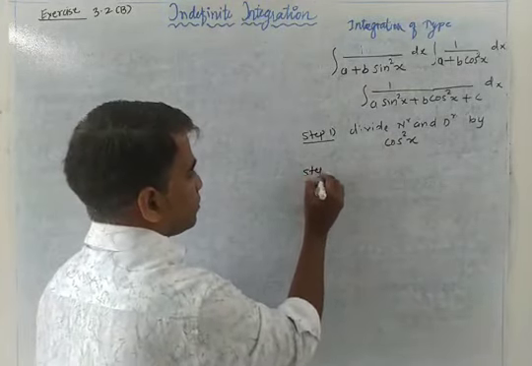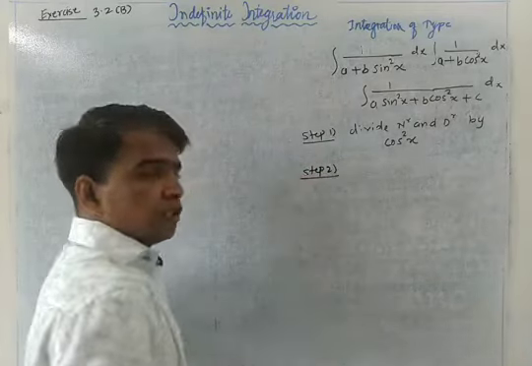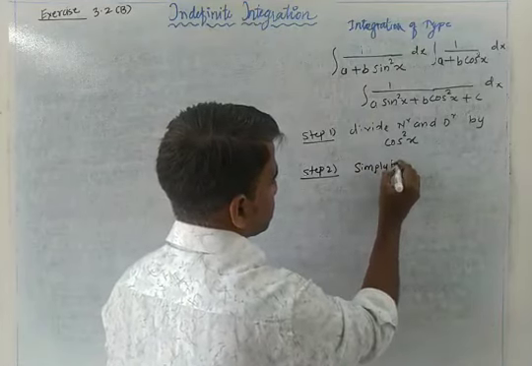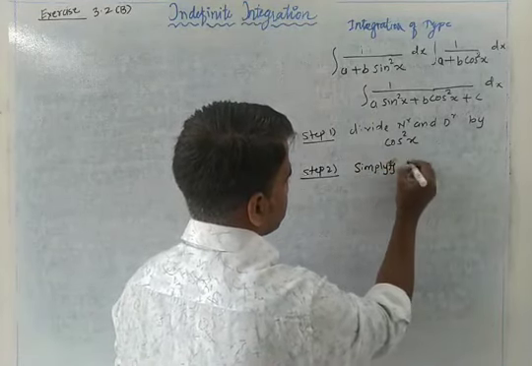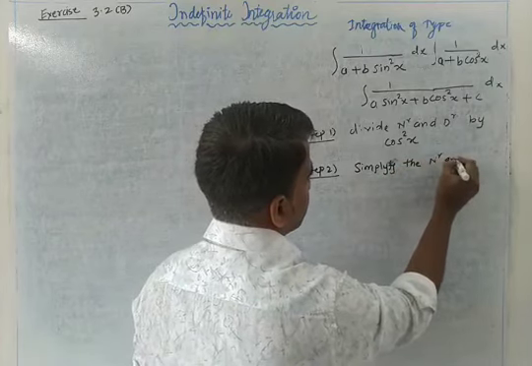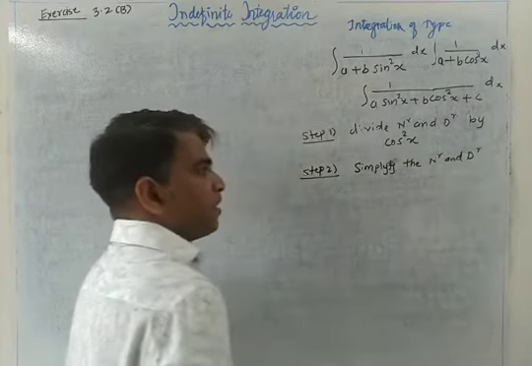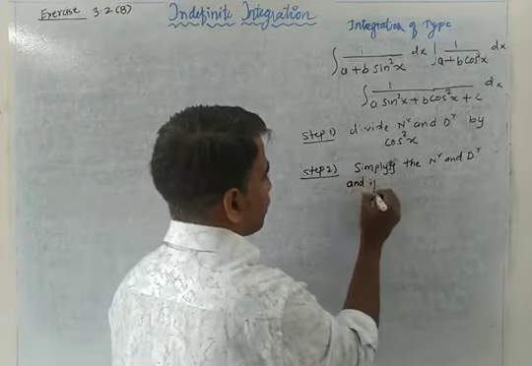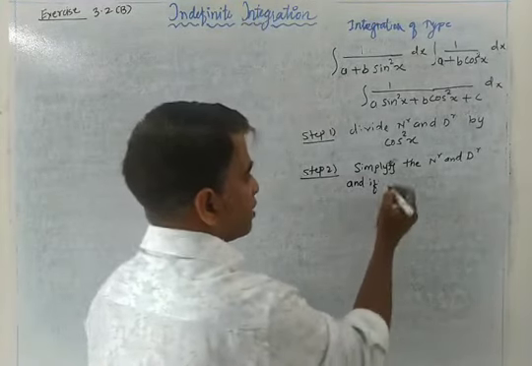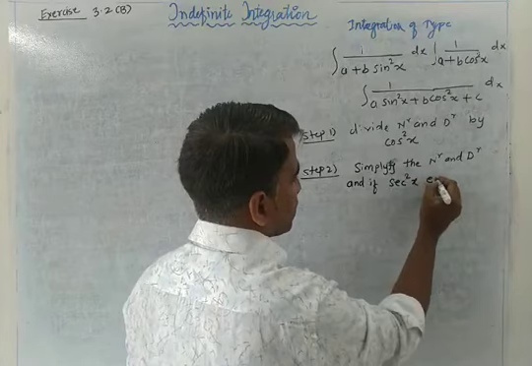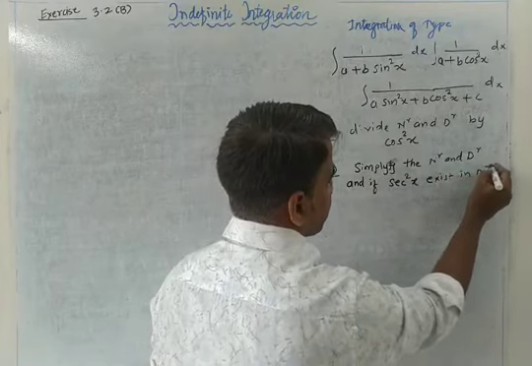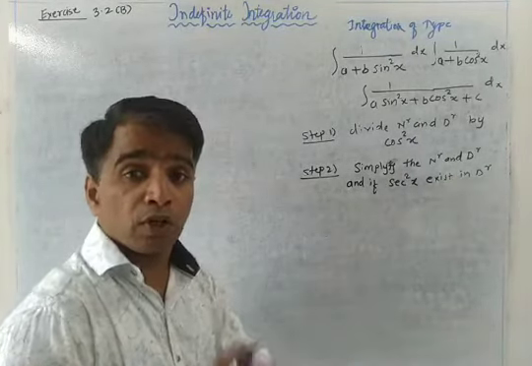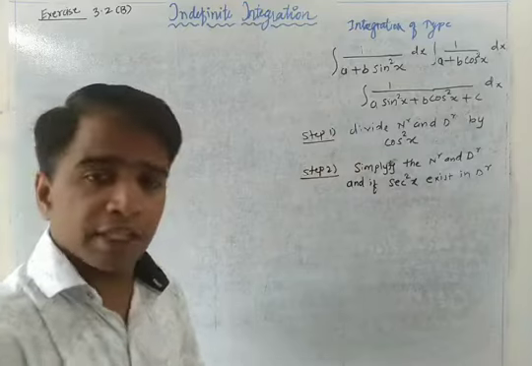Step 2, simplify the numerator and denominator by trigonometric function formulas. And if sec square x exists in the denominator, not talking about the numerator, numerator it will exist, don't worry about it.